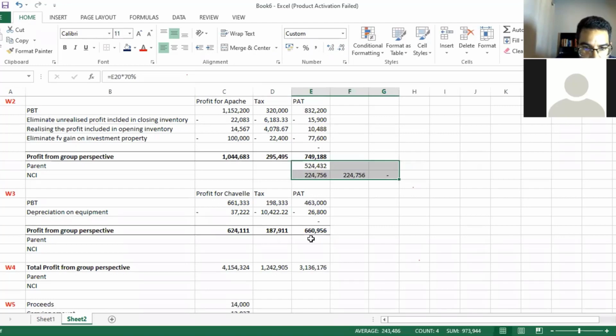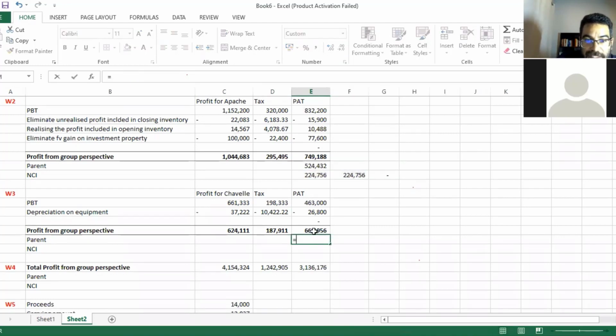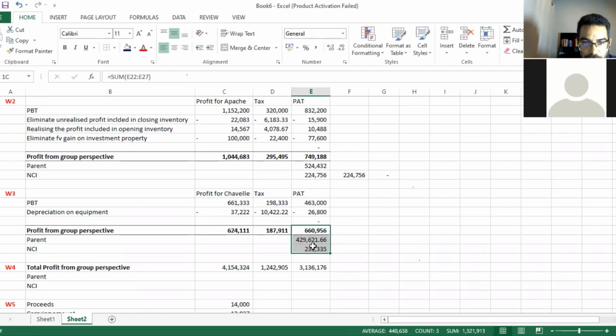And then I go to the parent over here. We have 65%, and that will be total minus parent. And there we go. Now, once again, we just add up all of these.